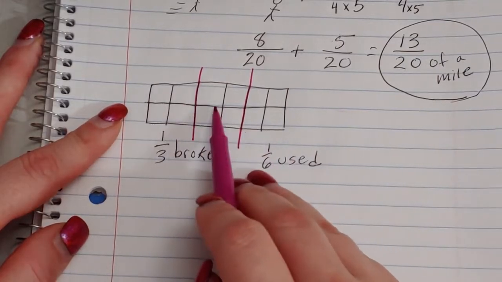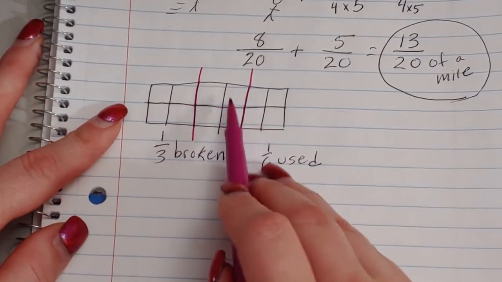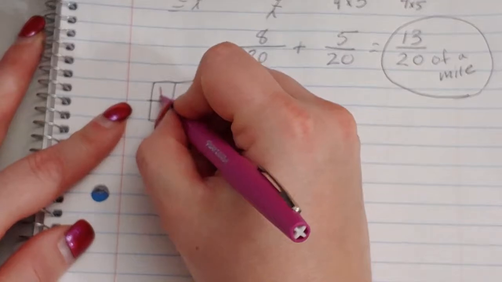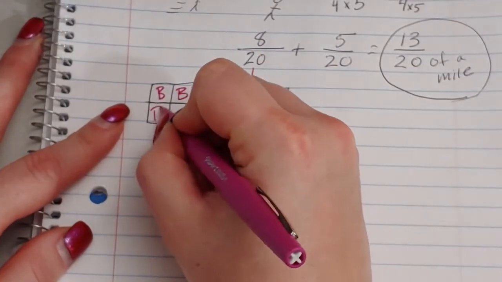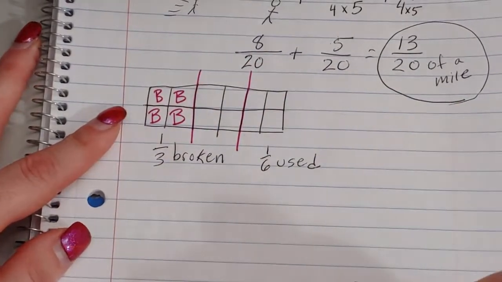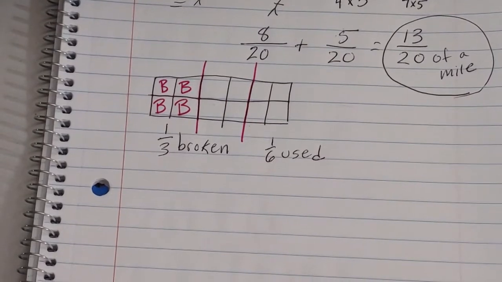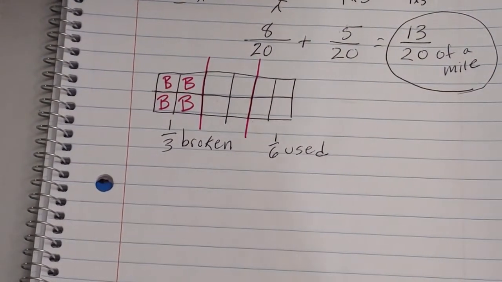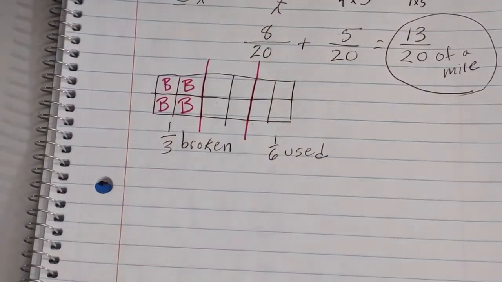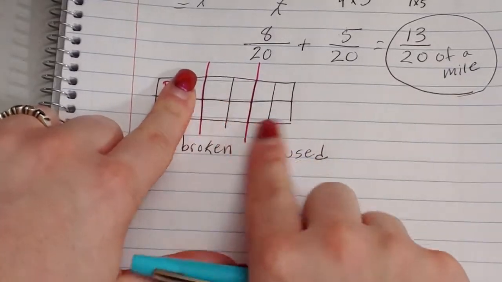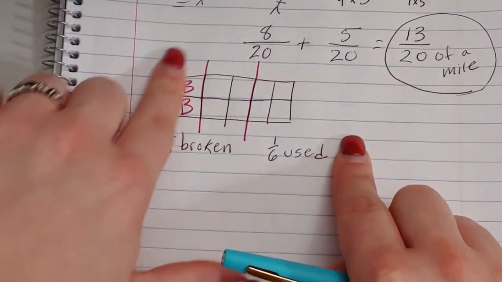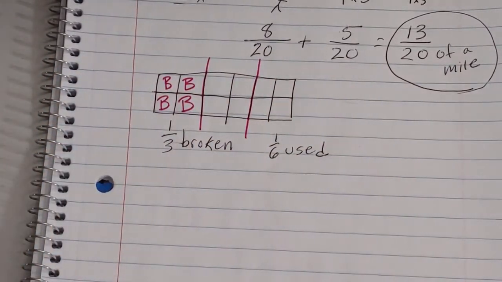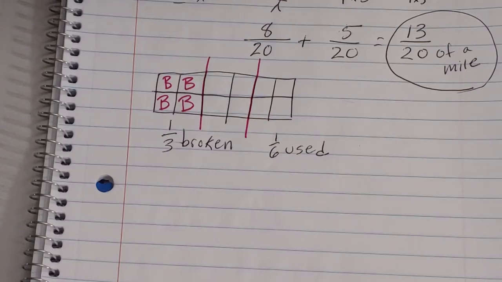So now I have 1, 2, 3 groups, and each group is 4 pieces, so I know that's thirds. So these ones are broken. So sad. Okay, now you're gonna try and figure out what a 1/6 looks like in here, but remember, 1/6 needs to be of the whole carton, so you're not gonna make 1/6 just with these ones. You need to make it with the whole thing. Give it a try, pause here, and then I'll show you what I mean when we come back if you get stuck.